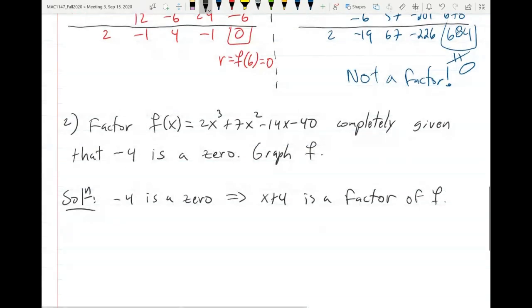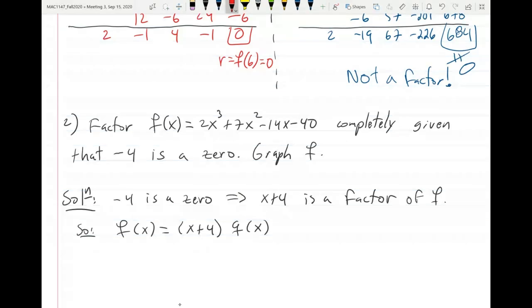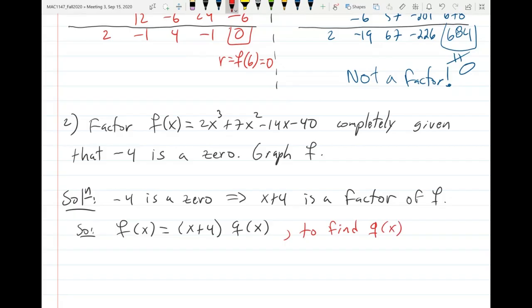So that means that we can write f of x as x plus 4 times something, okay? So our goal now is to find q. So what do we do to find this q of x?